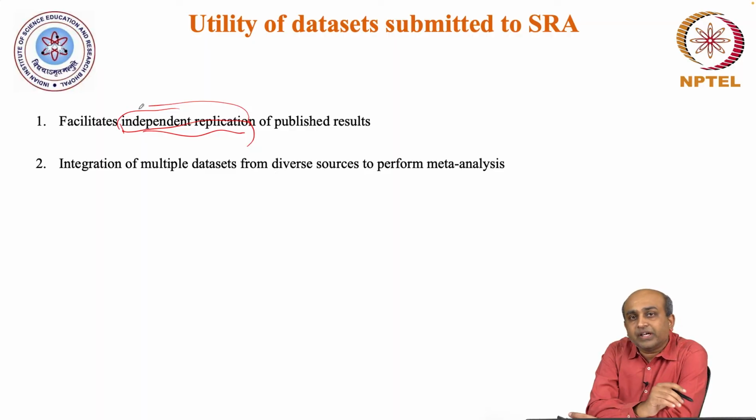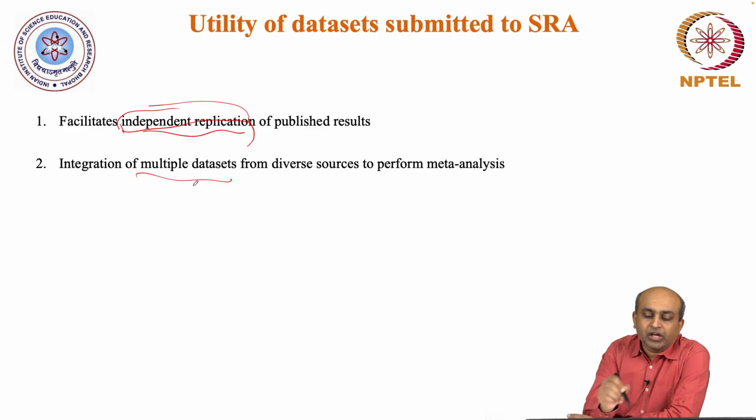Also, if you have data sets from different places, like the same kind of organism sequenced from 10 different countries, and you want to take all these multiple data sets and see how related they are or how they all fit together, you can take these data sets from multiple sources and perform some sort of meta-analysis.